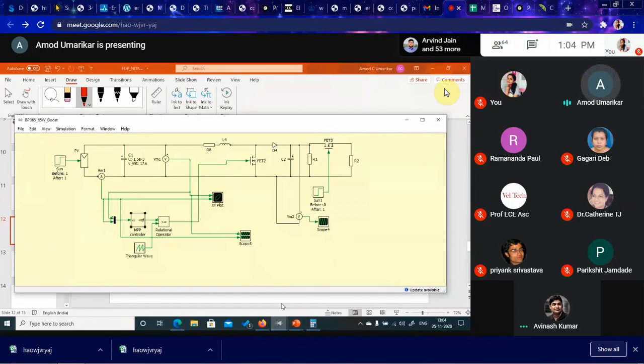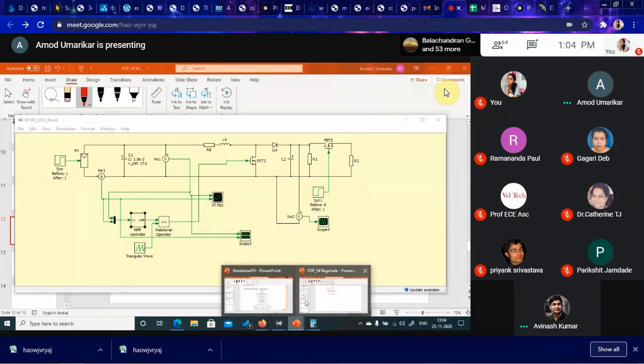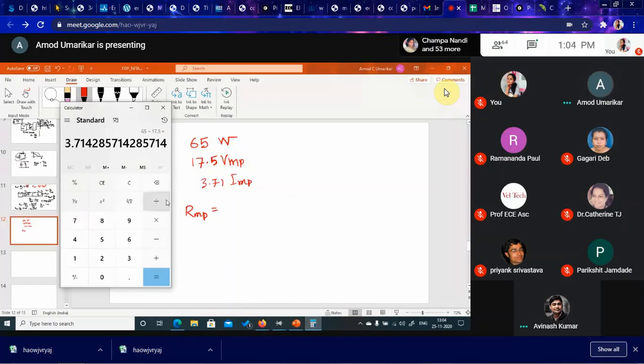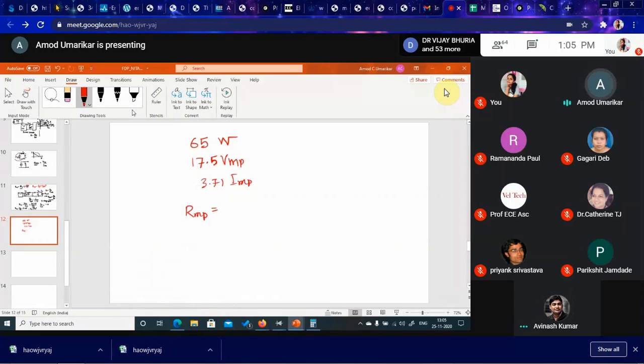So what will be our resistance for this? What is the RMP? We know 17.5 approximately divided by 3.71, which is around 4.71.